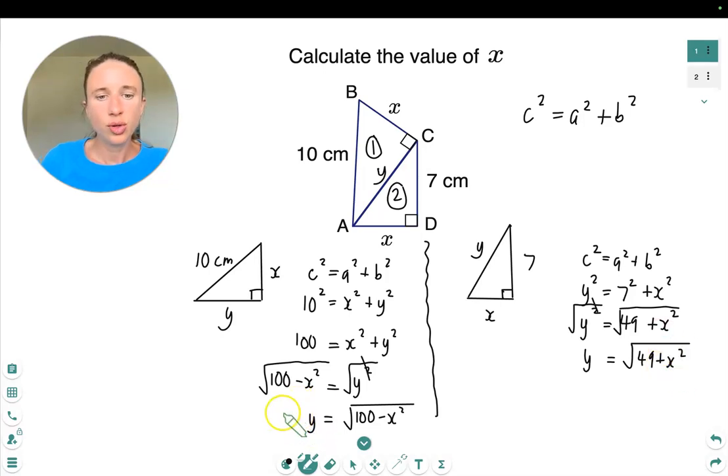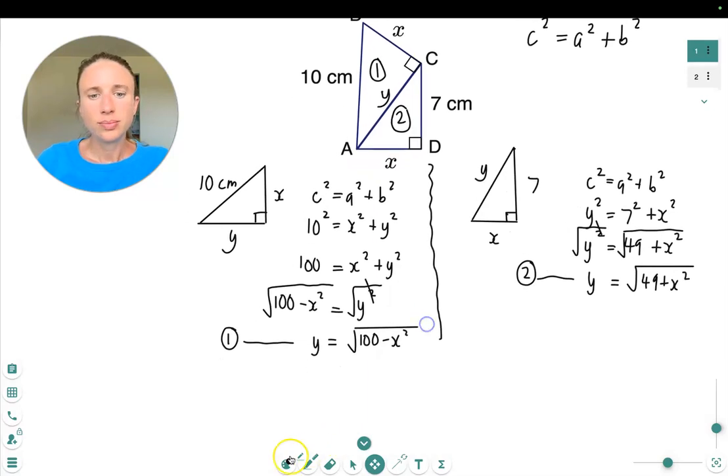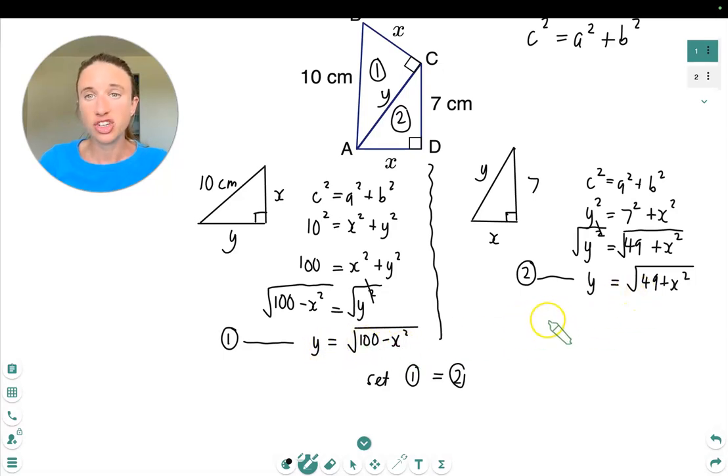Now, I want you to call this equation 1 and this equation 2. Now, we can actually set equation 1 equal to equation 2, since they both equal y, right? They must equal each other.